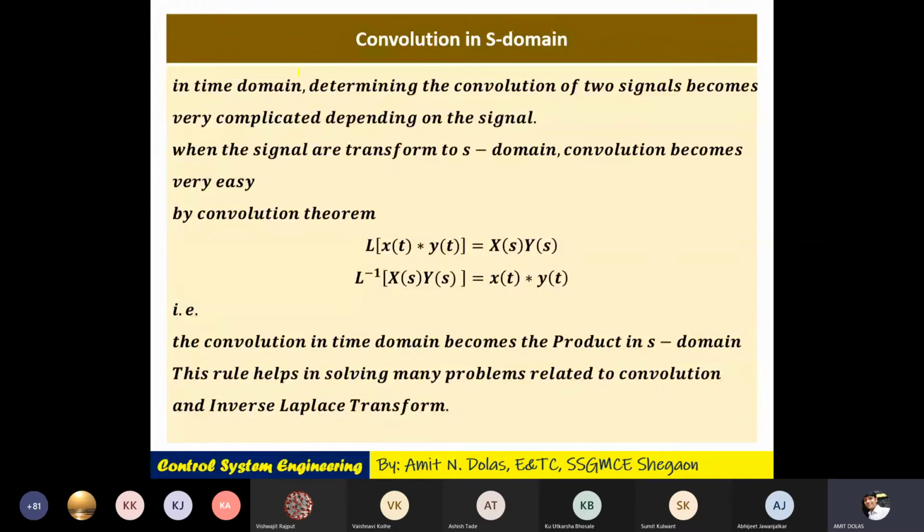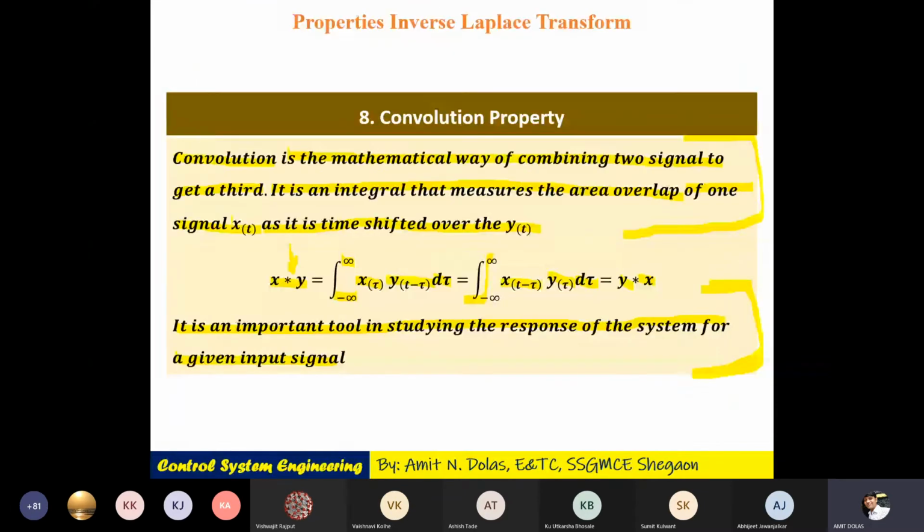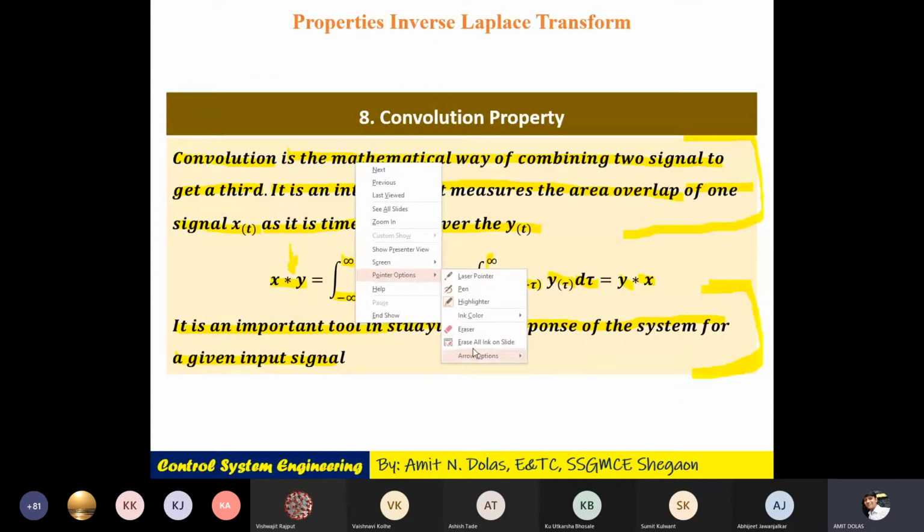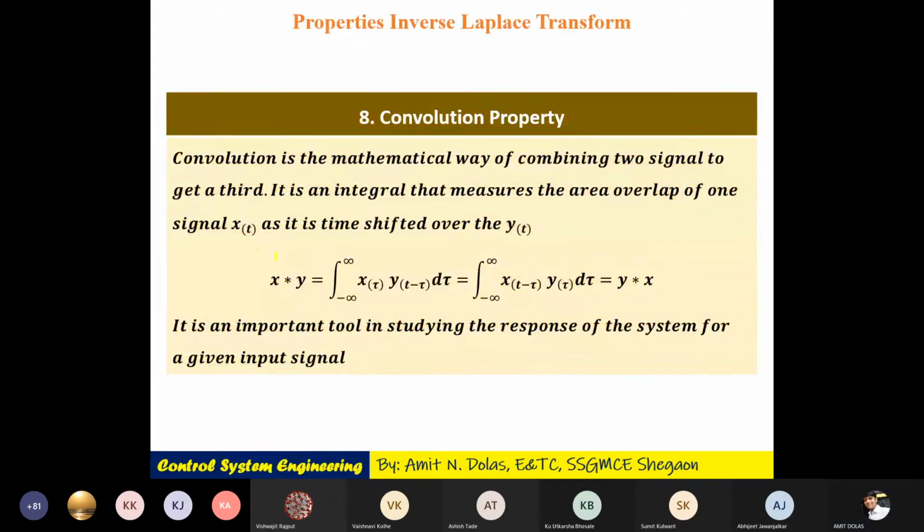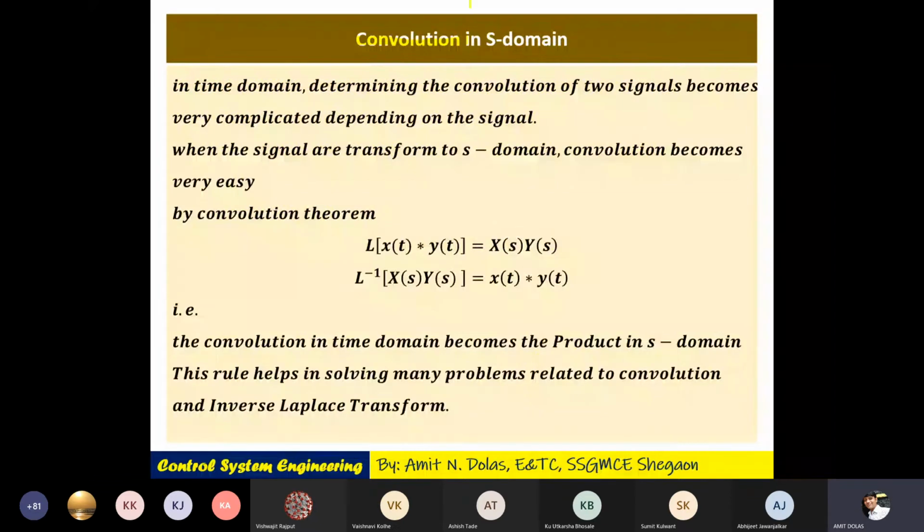So what is the convolution in S domain? How is convolution in time domain? In time domain, convolution is done with this formula. Let me erase the ink. So in time domain, convolution is X convolved with Y, with this formula of course. But if I go for the convolution in S domain, we'll see what happens. In time domain, determining the convolution of two signals becomes very complicated depending on the signal.